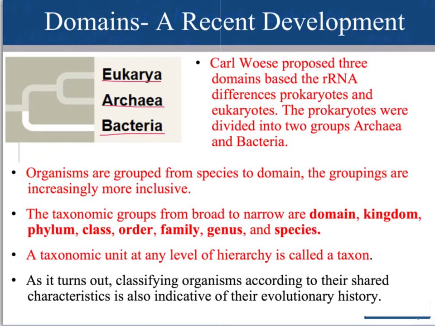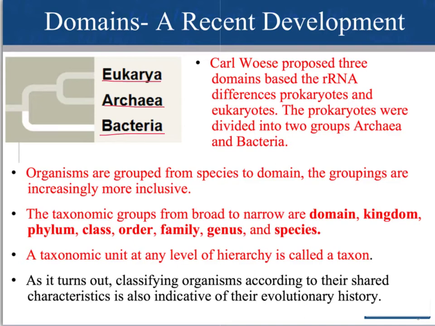So organisms are grouped from species to domain, the groupings becoming more inclusive as you go up. So now the kingdom isn't the most inclusive group, it is now the domain that is the most inclusive group. And when you were in freshman biology, you might have learned an acronym, Dear King Philip came over for grape soda or good soup or whatever. Whatever it is they taught you to help you remember the order in which these classification groups go.